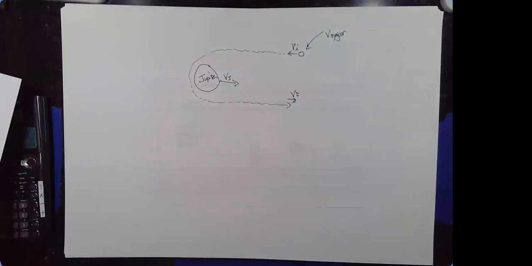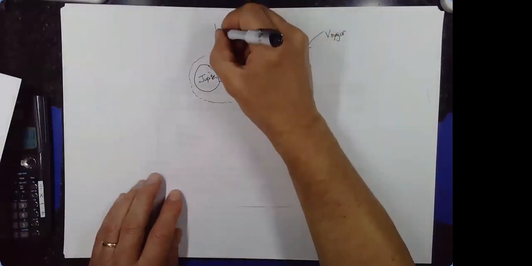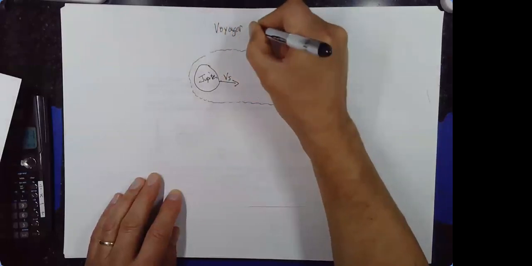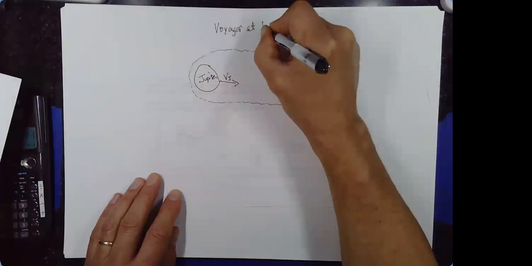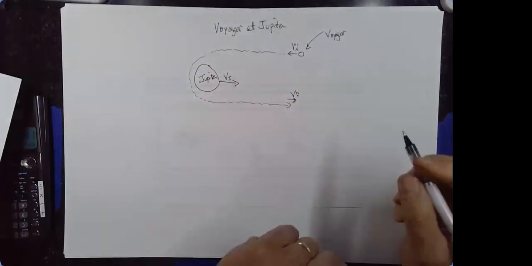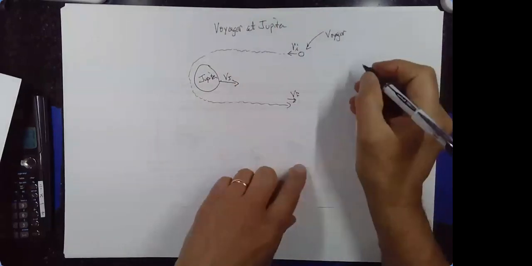We analyze this situation using two tools, the conservation of energy and the conservation of momentum. This is Voyager at Jupiter, and this is an example of an elastic collision.